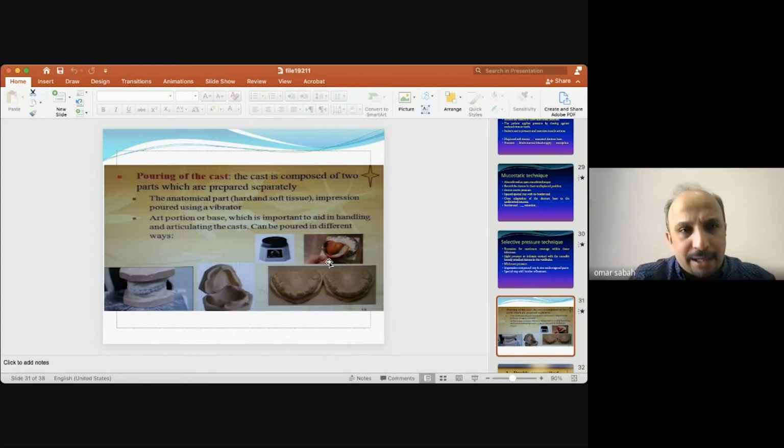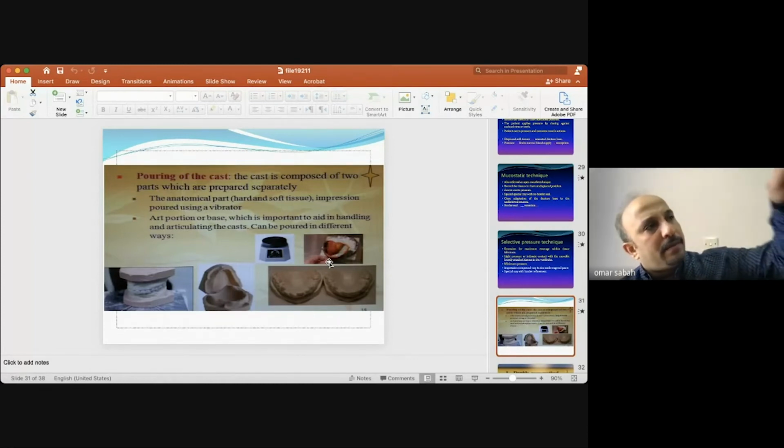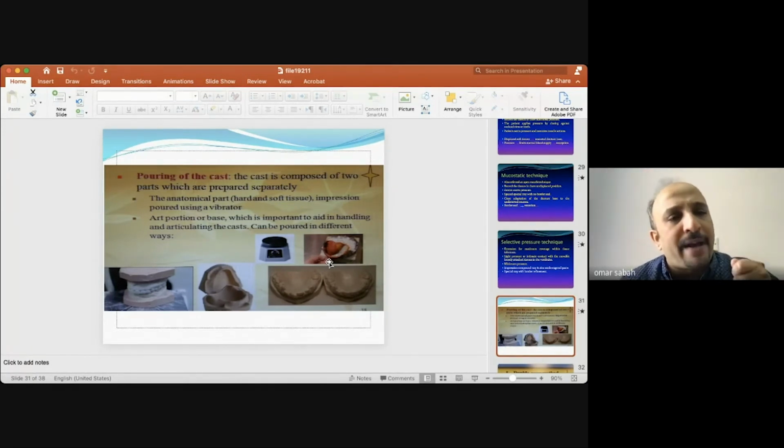With a thin layer, I can check whether bubbles are present or not. By this way, I have checked that all the surface areas are touching the stone. I can turn the tray upside down and remove the excess stone. Now what I have is a very thin layer of stone on the whole special tray.